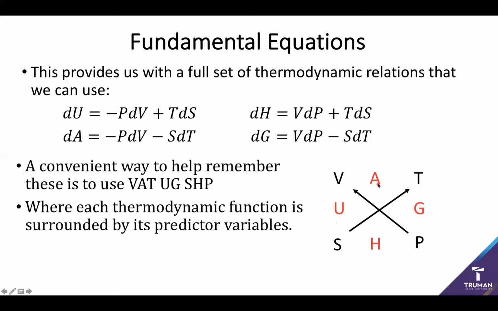But we can also repeat the same process for Helmholtz, which is minus SdT minus PdV, again for Gibbs, plus VdP minus SdT. And again for enthalpy, plus VdP plus TdS.